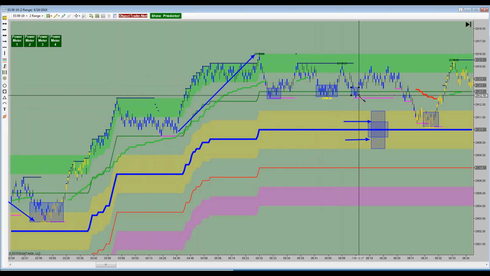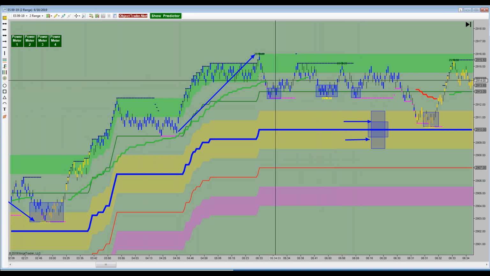Now let me explain what we're looking at here. We have what's called a minimum criteria entry trade on a retracement, and it is defined as follows.